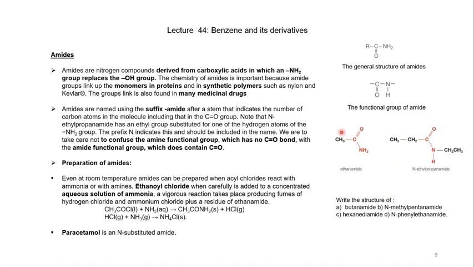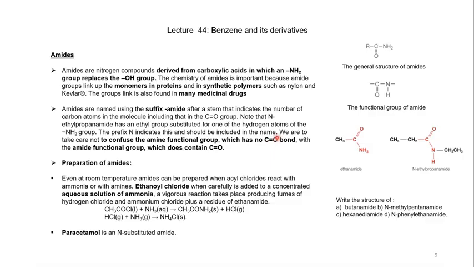So with the help of this structure, we can also write down the structure of butanamide, N-methyl pentanamide, hexanamide or N-phenyl ethanamide. So how do we prepare amide then? One more thing we have to remember: we need not confuse the amine functional group, which has no carbon double bond oxygen group.